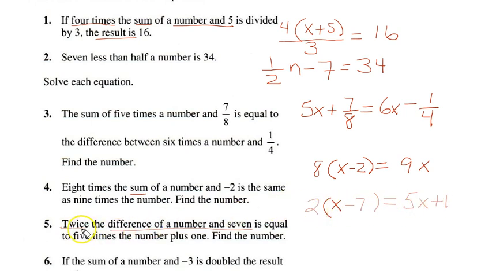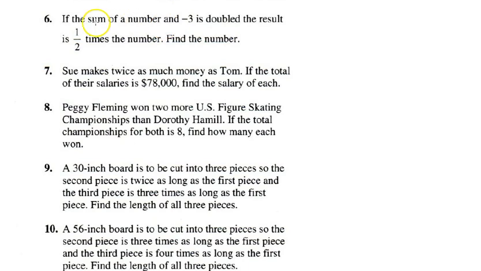All right, so check it out again. Twice the difference of a number and 7, I have to put that in parentheses, twice that, is equal to 5 times the number plus 1. Notice the subtle difference here. There's no parenthesis. All right, I've raised it up again.